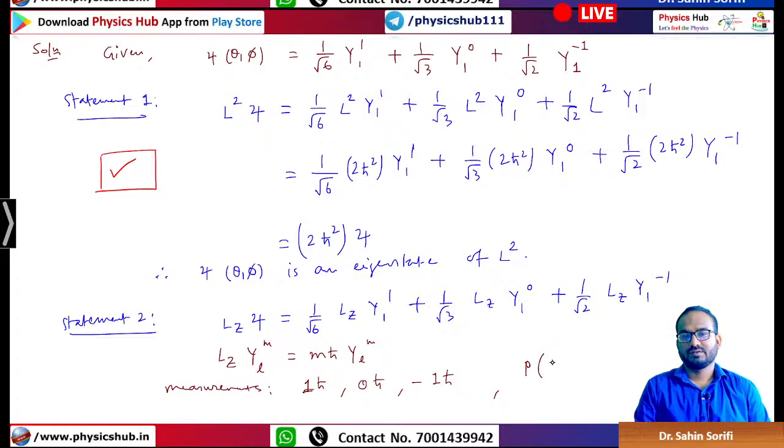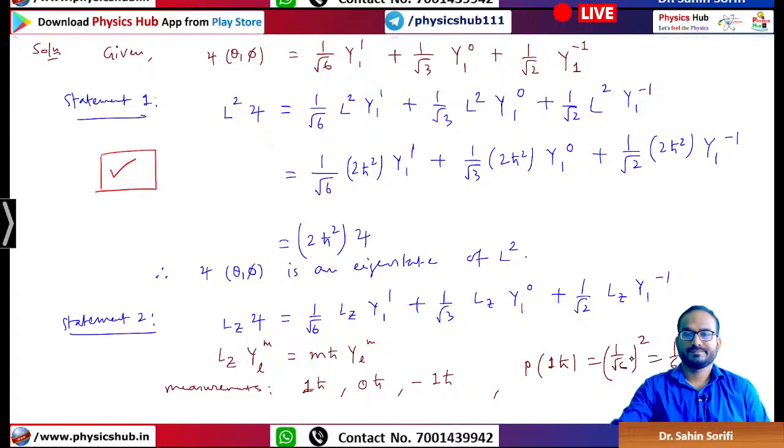Probability of getting 1 h cut is 1 by root 6 whole square, 1 by 6. Probability of getting 0 h cut, 1 by root 3 whole square. Probability of getting minus 1 h cut is 1 by root 2 whole square.